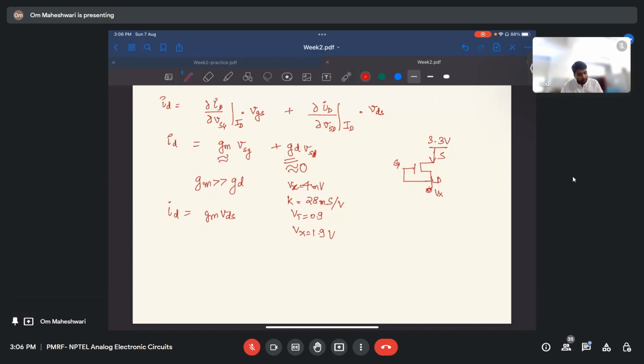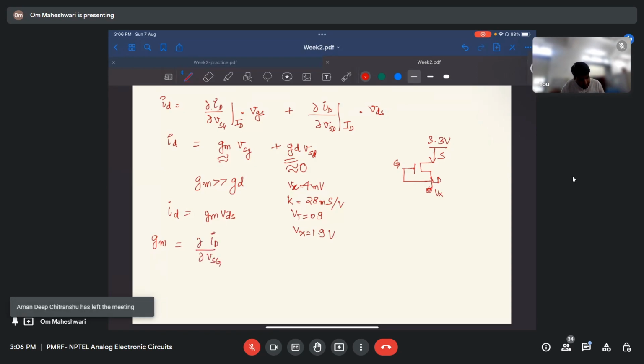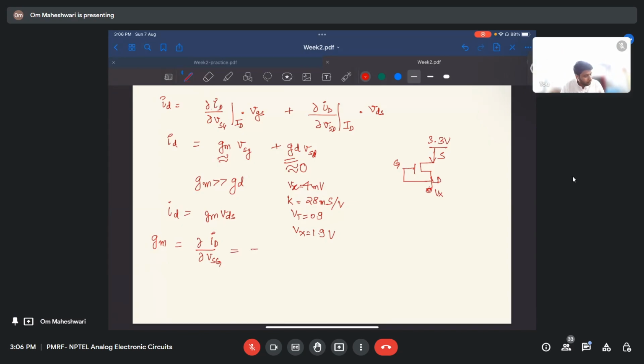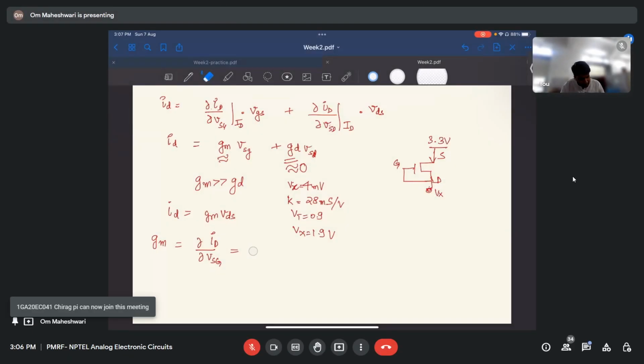And then, if you know what GM is, I have just written it here. GM is del ID by del VSG. I am writing VSG because it is a PMOS. If it was an NMOS, I would be writing VGS, right? I hope you know this. It is just the derivative of ID. Let me first write ID.